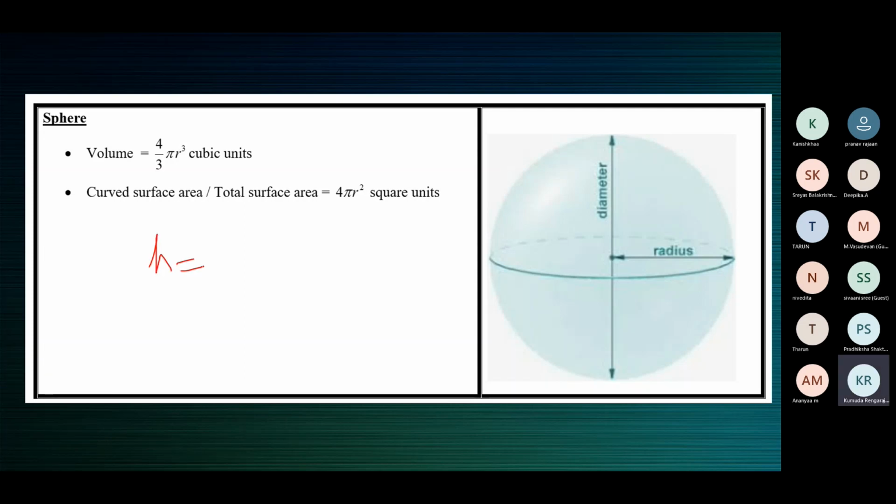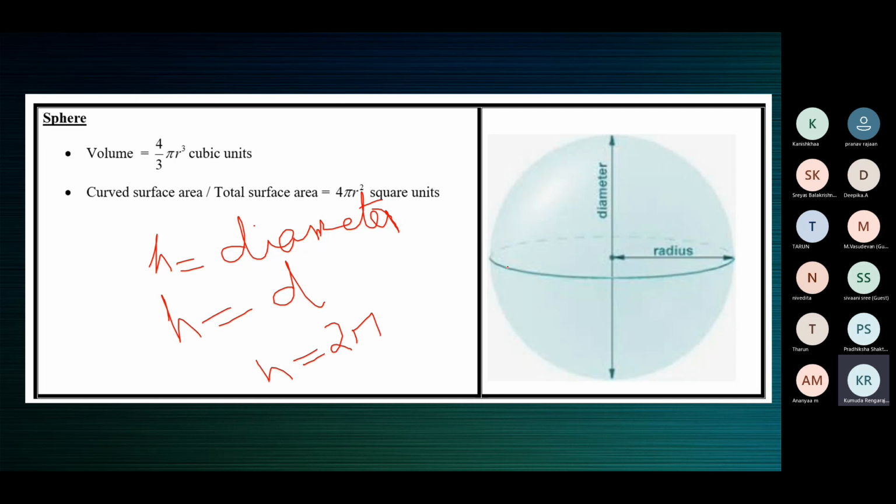The height of the sphere is equal to its diameter D. That means height is equal to twice the radius. You can see this is the height of the sphere.